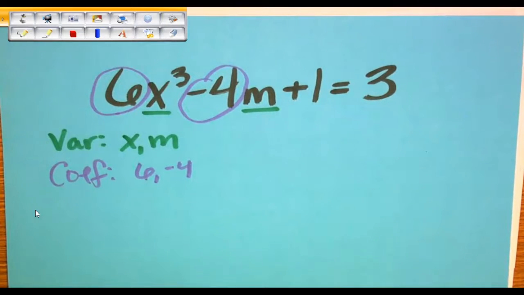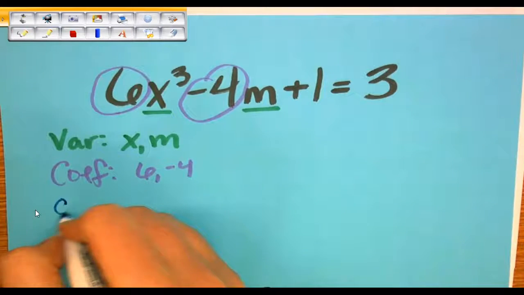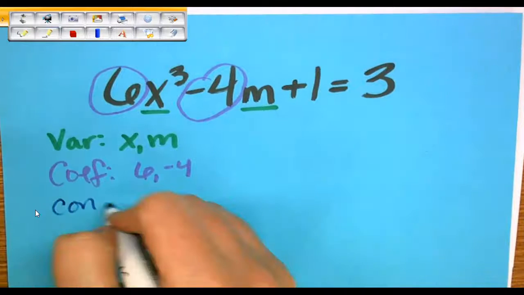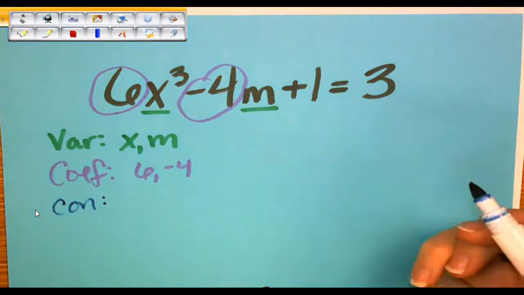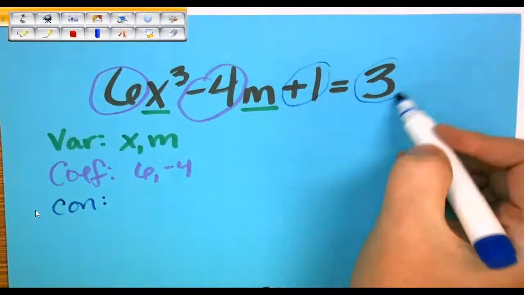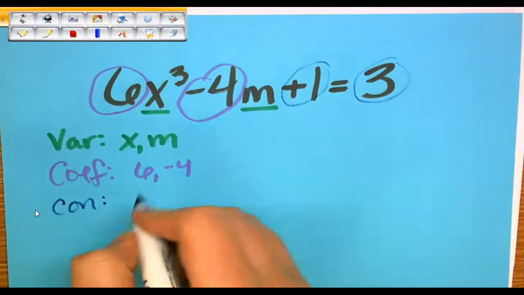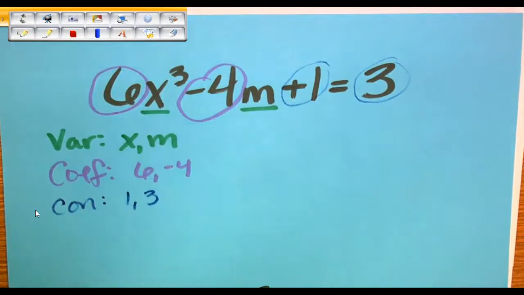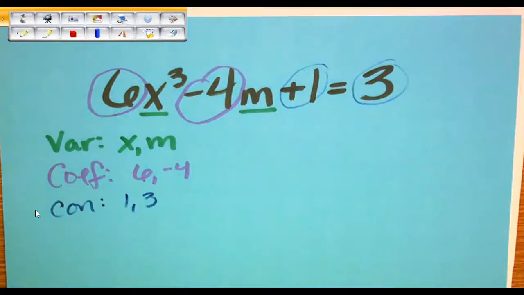The next one on our list are the constants. The constants are the numbers that are by themselves. So that would be 1 and 3. There's 2 of them.